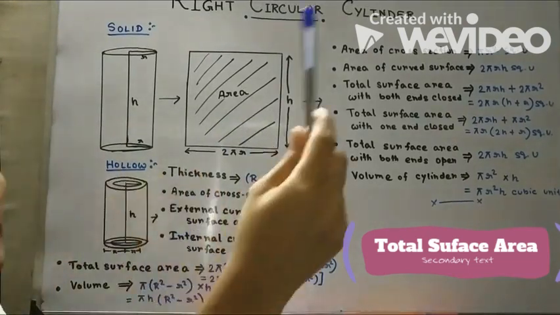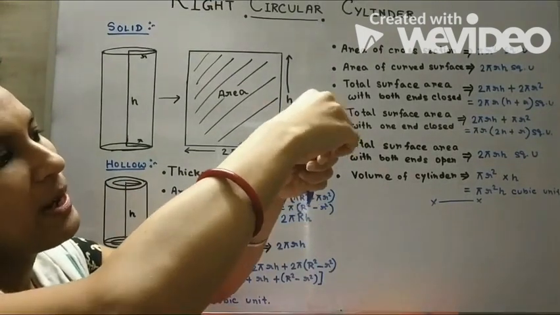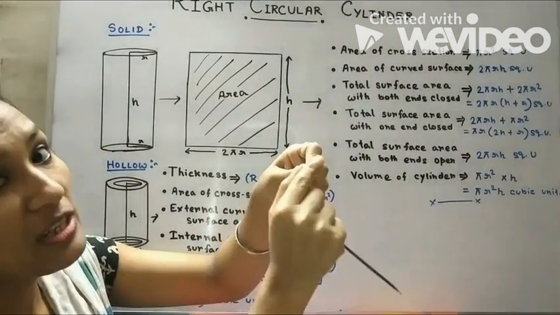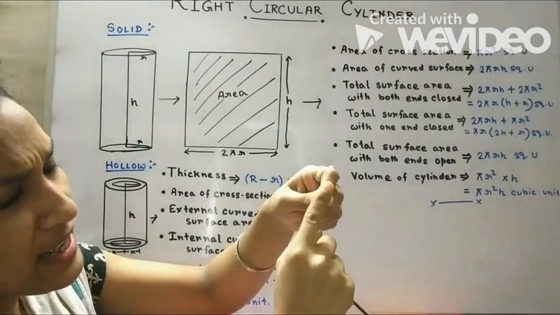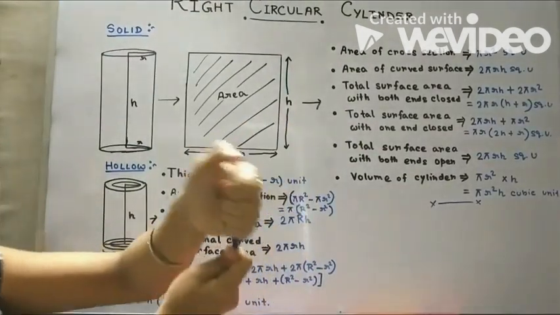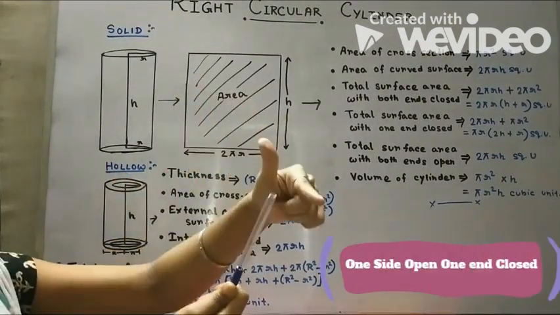For example, you can have this pen, and if we open it like this, this side is open. Here is no surface. It only looks circular, but it has no base. Only this side has a circular base. So this is one end open and one end closed.